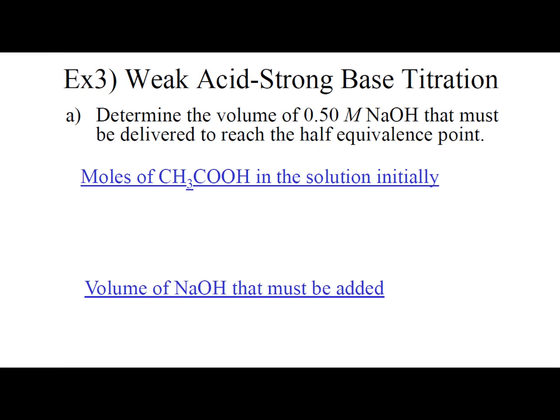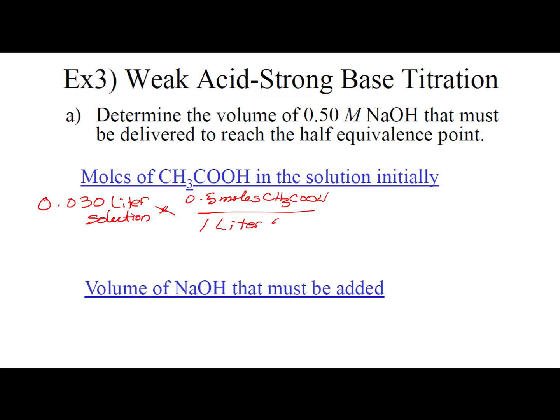So let's start out by determining how many moles of acetic acid we have in the solution initially. We have 30 ml, so 0.030 liters of solution. And we were told in the prompt that it is a half molar acetic acid solution, so we have 0.5 moles of acetic acid per liter of solution.